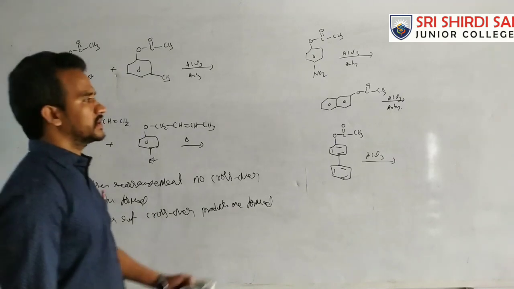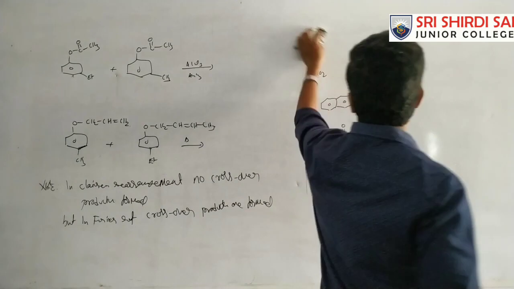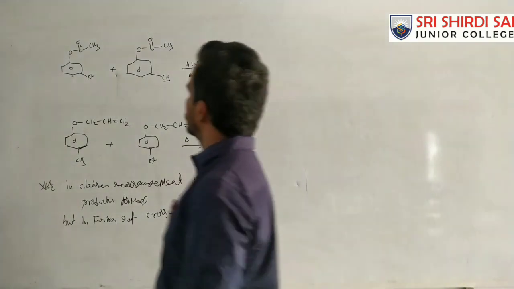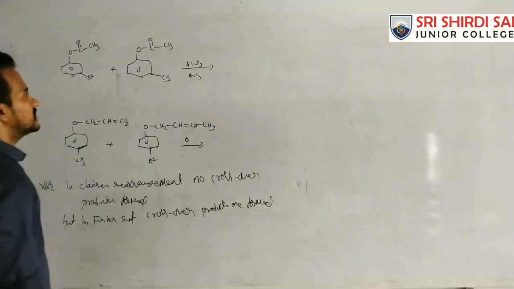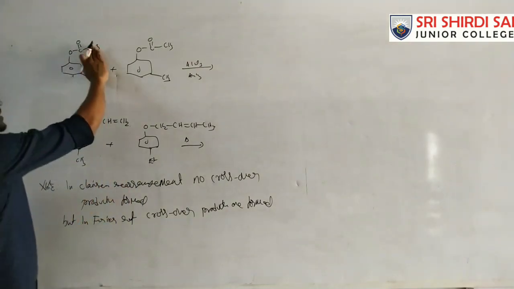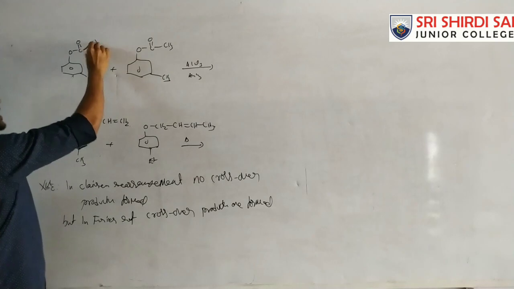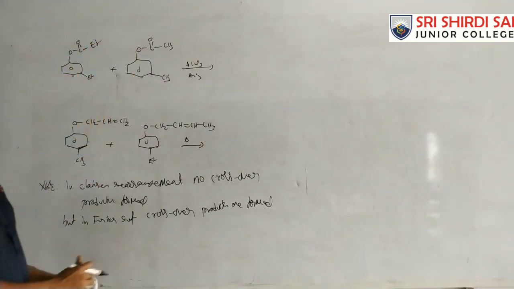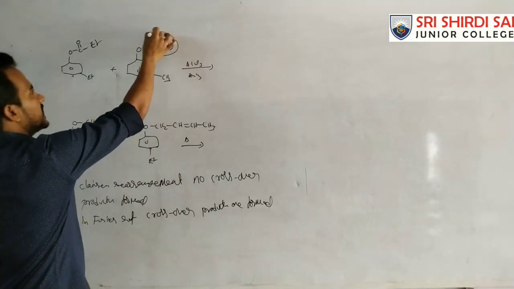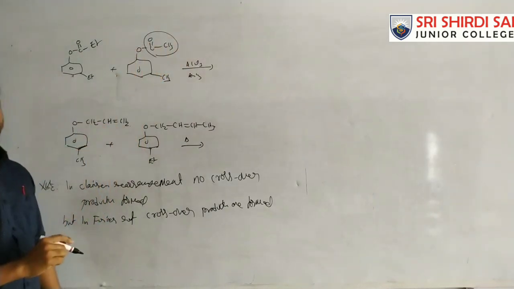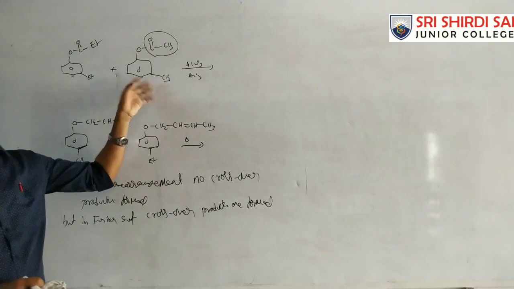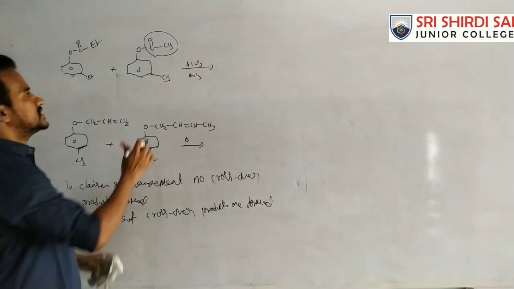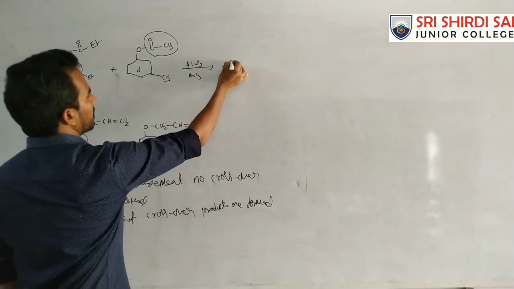Generally in the Fries rearrangement, COCH3 is the electrophile. This is not an intramolecular reaction mechanism. Here, the COCH3 electrophile leaves.